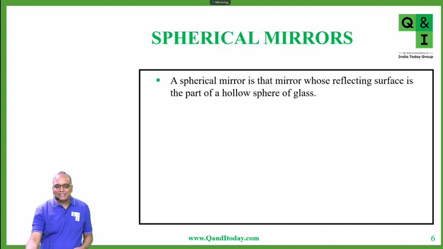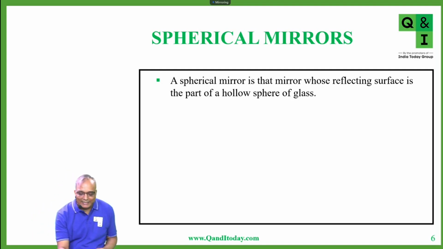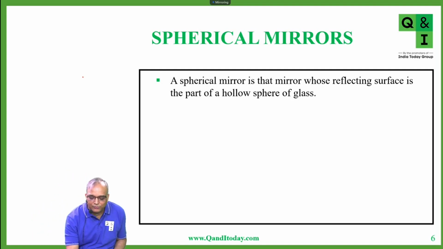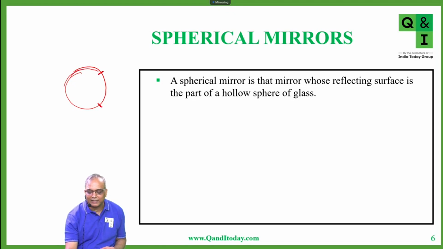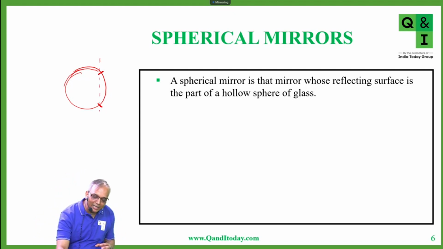So let's understand what spherical mirrors are. A spherical mirror is a mirror whose reflecting surface is a part of a hollow sphere of glass. For example, let's say you have this hollow sphere, right? And if we cut this hollow sphere by a plane, this part of the hollow sphere will be a spherical mirror.